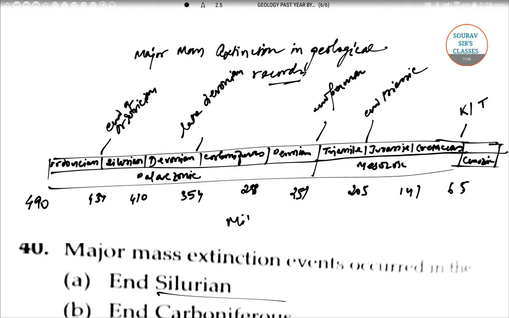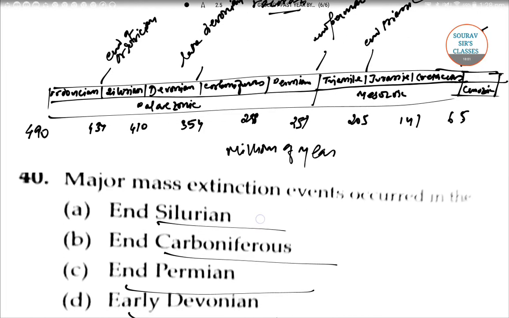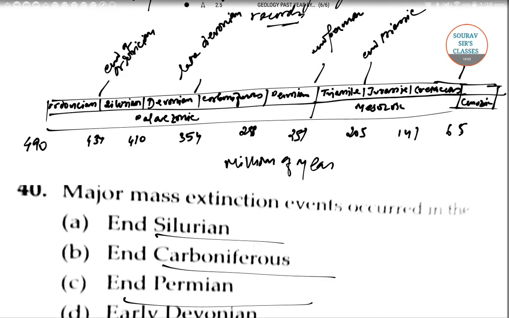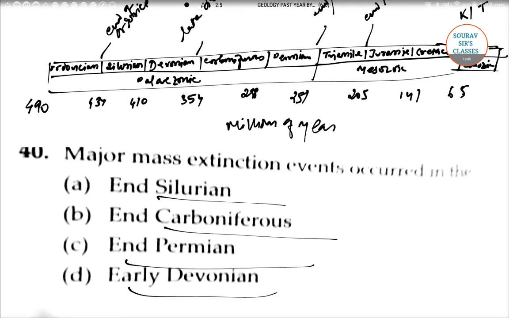These are all in millions of years. So you can see that at end Permian, the major mass extinction again occurred. So option C will be the correct option.